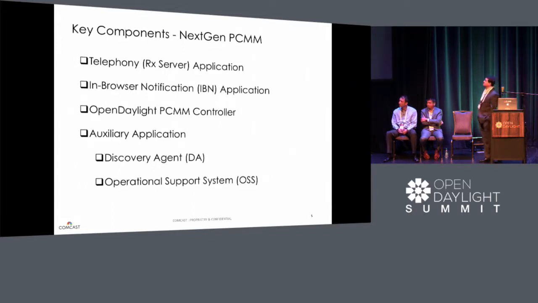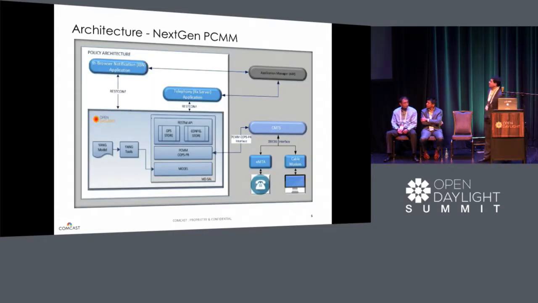Some of the key components that we have for our next-gen PCMM are telephony and browser notification. We also have a couple of other auxiliary applications, which are Discovery Agent and Operational Support, which we'll share more about when we demo the telephony and browser notifications. So this is what our architecture looked like.